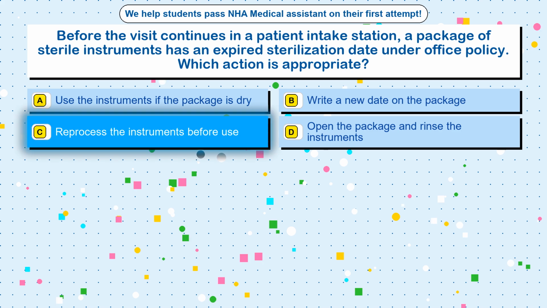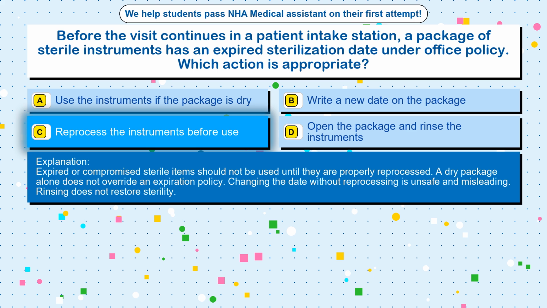The correct answer is option C. Reprocess the instruments before use. Expired or compromised sterile items should not be used until they are properly reprocessed. A dry package alone does not override an expiration policy. Changing the date without reprocessing is unsafe and misleading. Rinsing does not restore sterility.